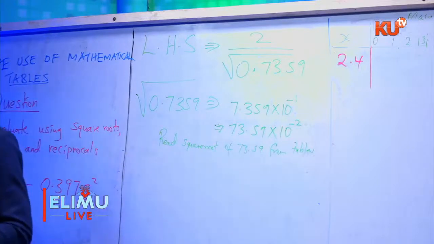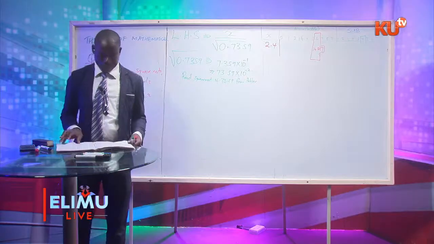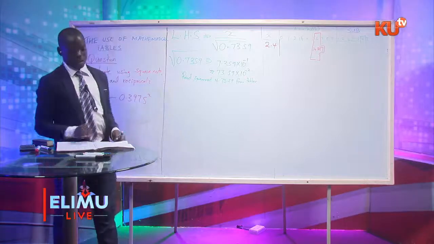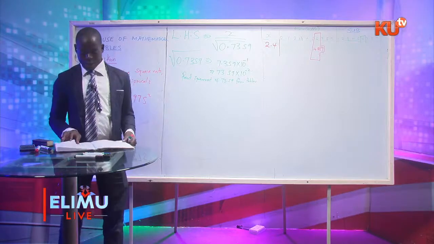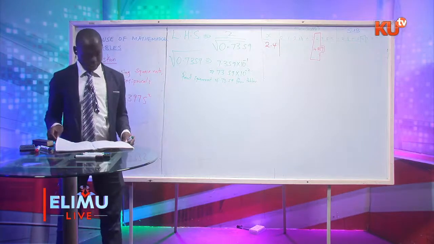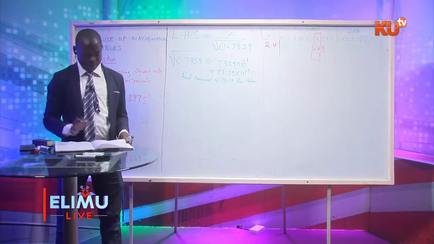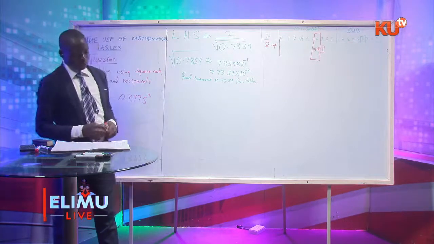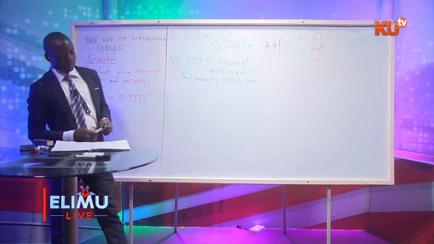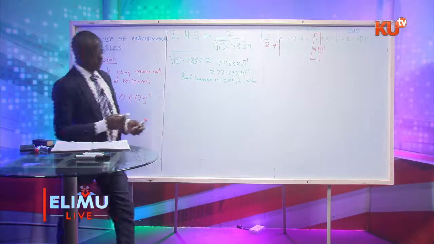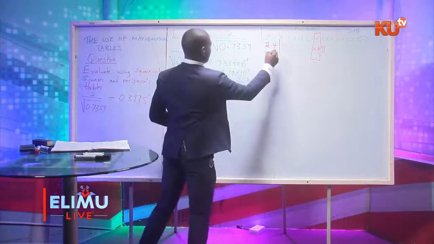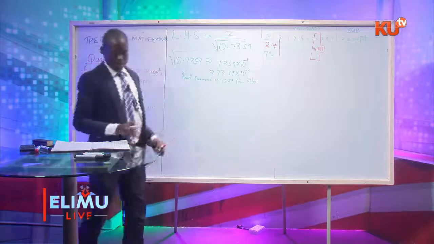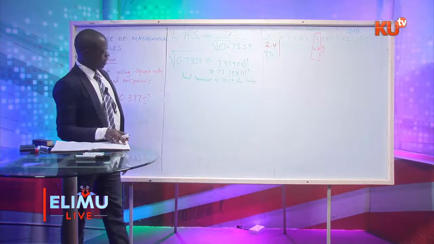So to our square root tables, our square root columns, that is now, the number is between 10 and 100. So turn to page 23 onwards, specifically page 24, and check 73 in the X column. Then go up to where there is 5.